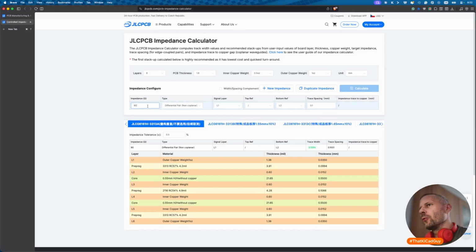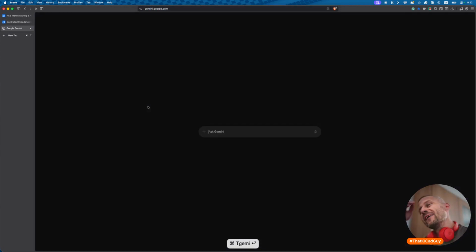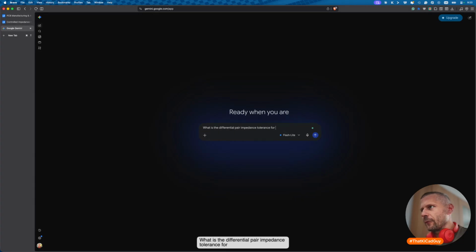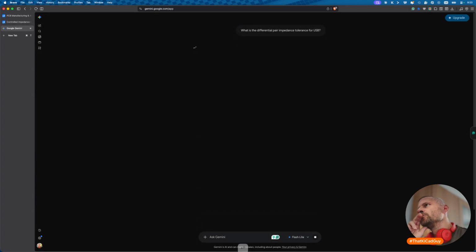Because there is a tolerance of 10%, I think, let's ask Gemini: what is the differential impedance tolerance for a USB? I think plus minus 10%, because USB is quite tolerant in this regard.